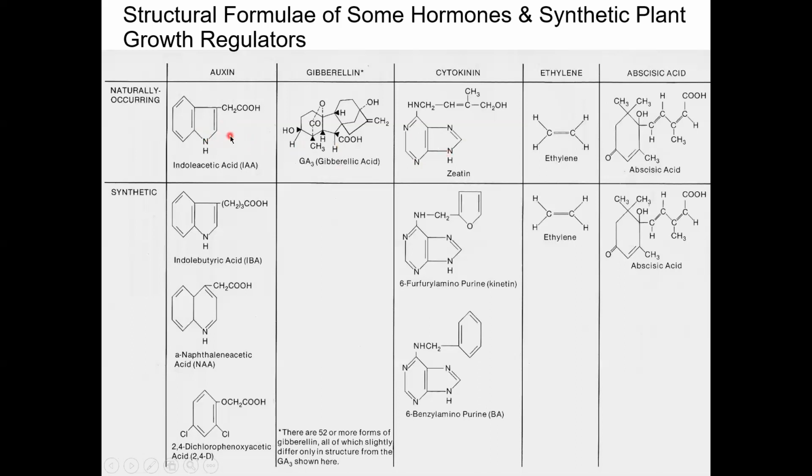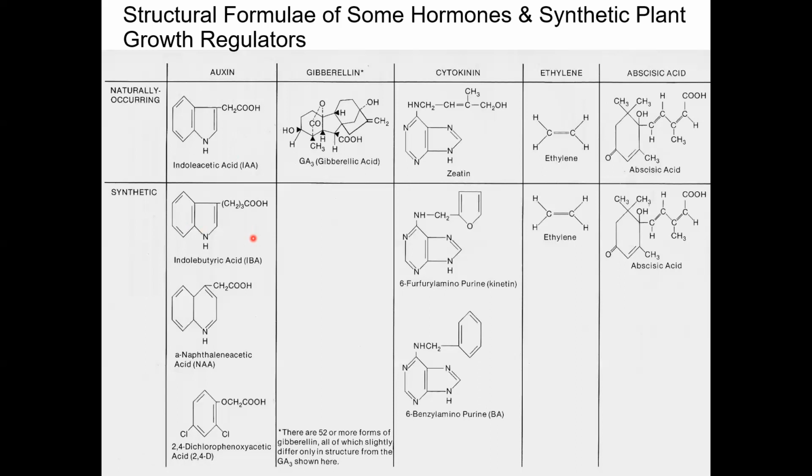So a pyrrole molecule and a benzene ring are fundamental to some of these structures. But that's why indole acetic acid looks a lot like one of the 20 biologically important amino acids, tryptophan, okay, which is the root molecule, similar in both cases.